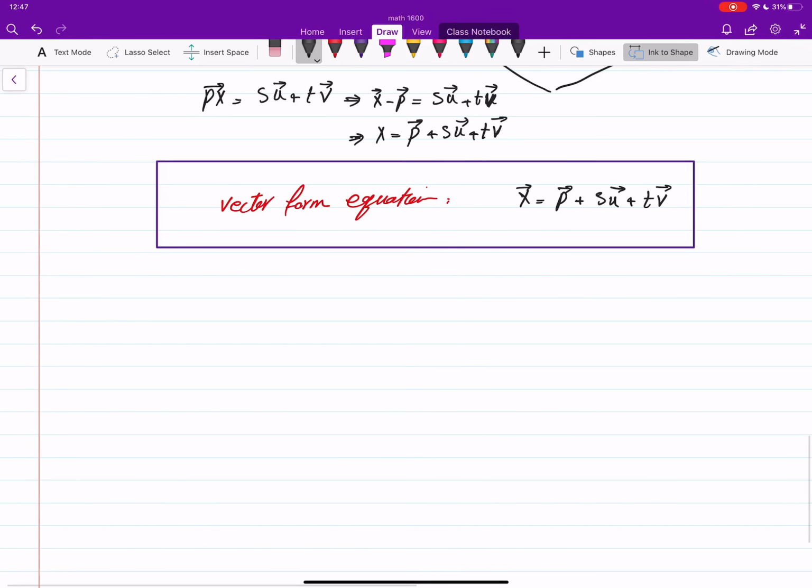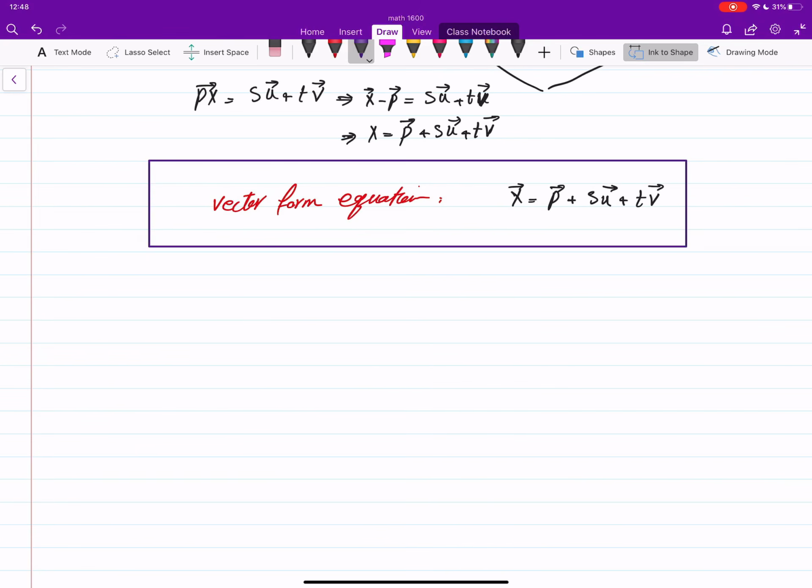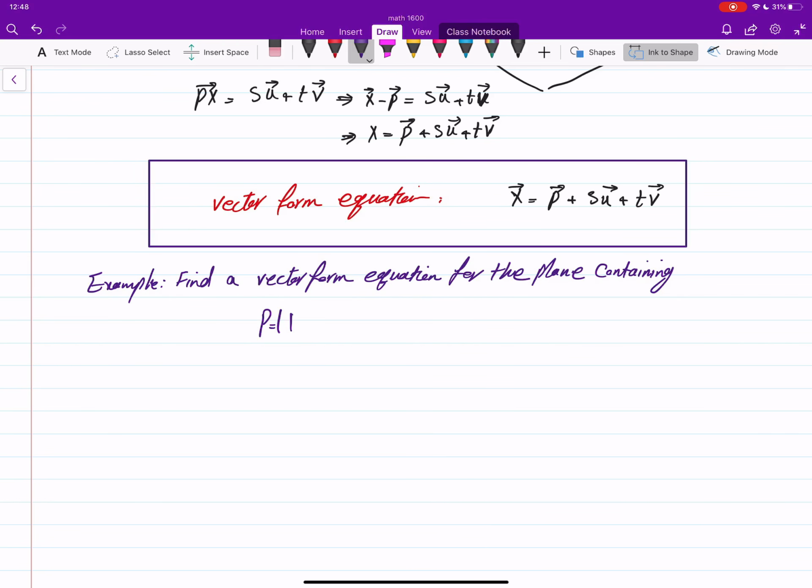Let's just do one example here. For this example, find an equation for the plane which contains these 3 points: P is 1, 0, 2, Q is 2, 1, 3, and R is 3, -1, and 4.